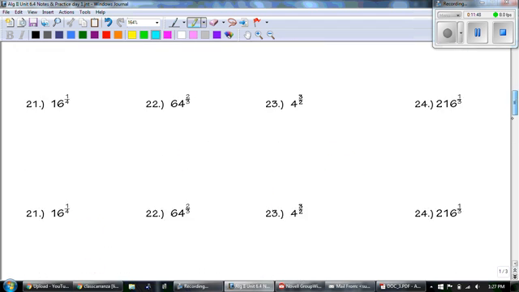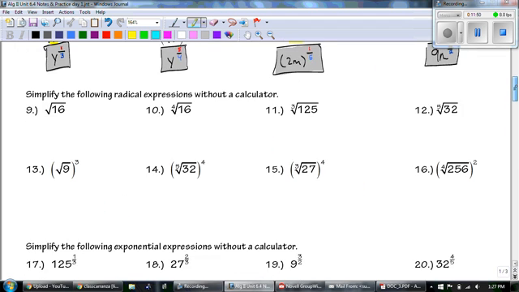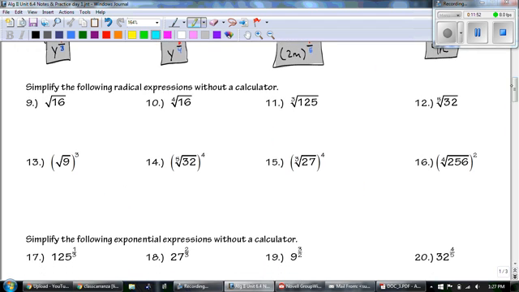The first one is the square root of 16, which is something that you already know. Okay? The square root of 16 is what? What do you think? Yeah, it's just 4. Okay, the square root of 16 is 4.